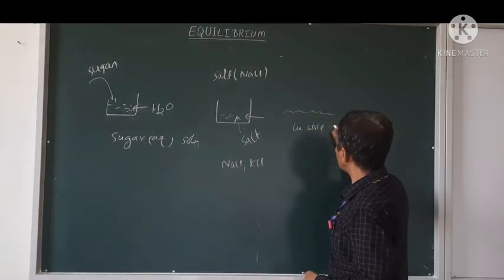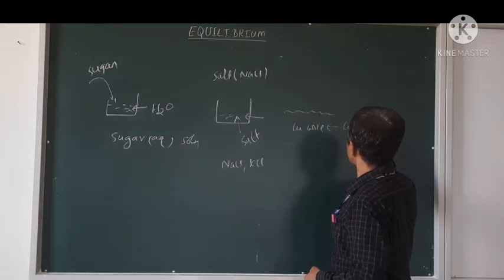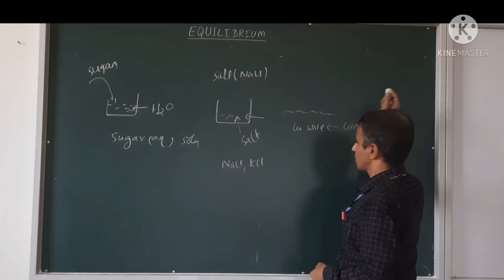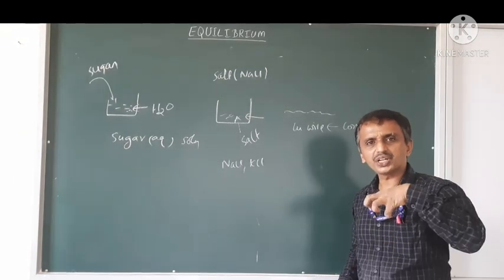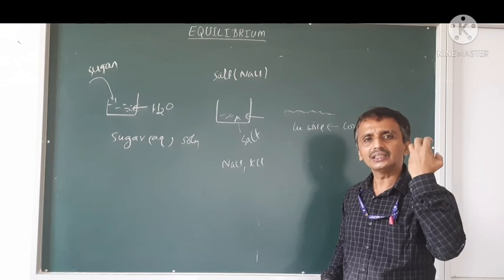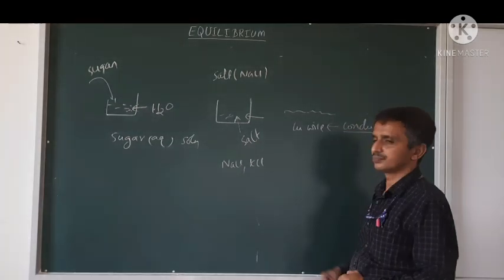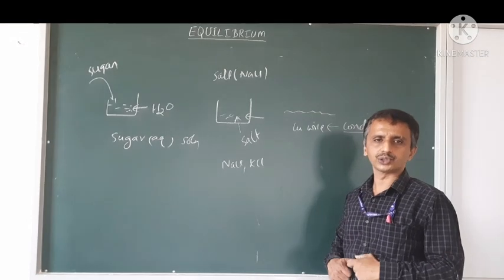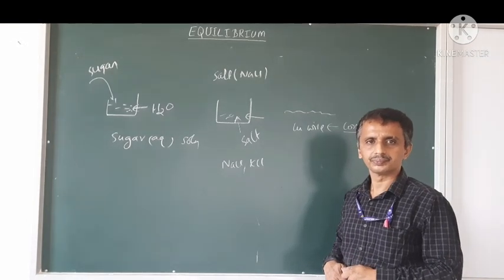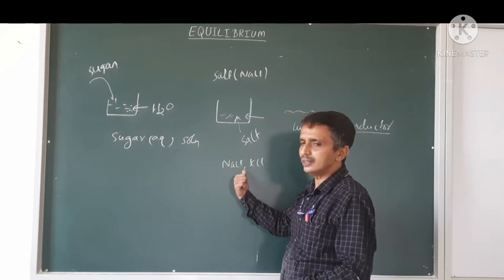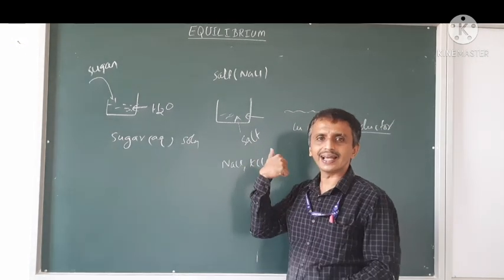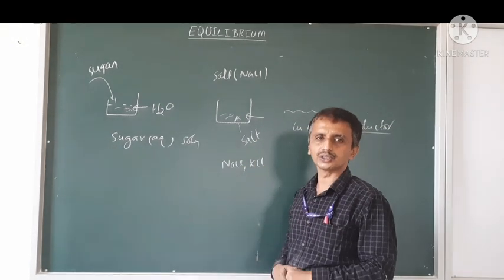So this copper wire is called a conductor. The substances which conduct electricity in the solid state itself are conductors, and it is a metallic conductor also. Whereas NaCl is not conducting electricity in the solid state.